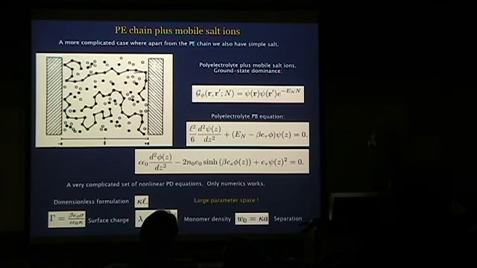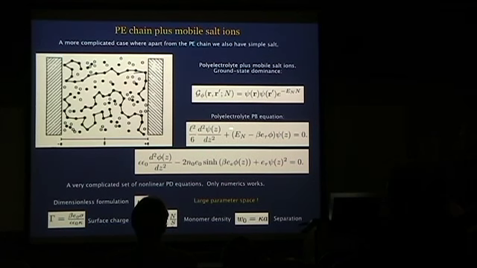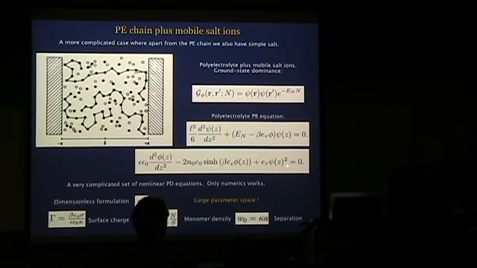That's a system that's difficult to figure out already, but the basic equations you can write down. So the Edwards equation for the monomer density is the same, but in the equation for the electrostatic potential you see that you have a Poisson-Boltzmann term due to the salt, and a psi squared term, which is due to the polyelectrolyte chains.